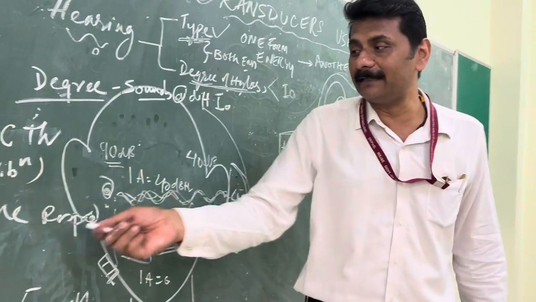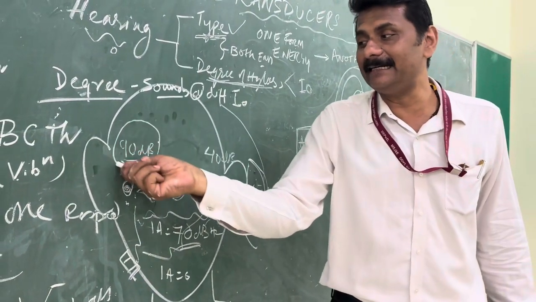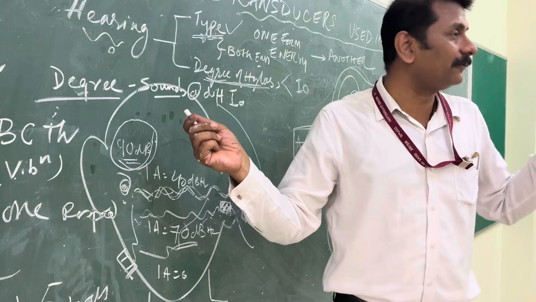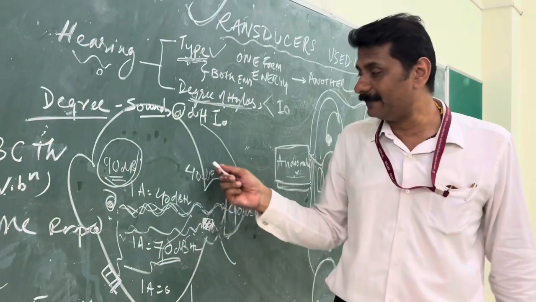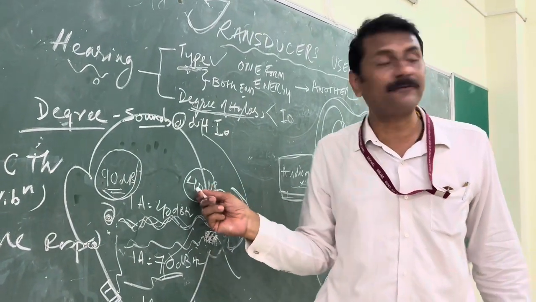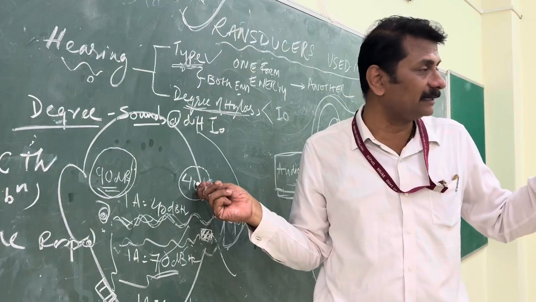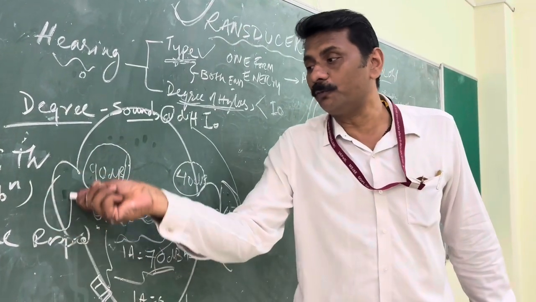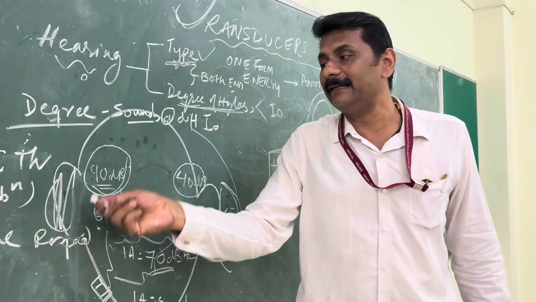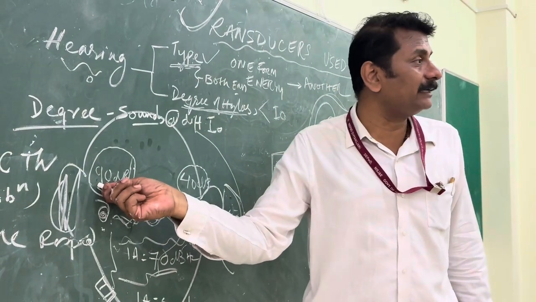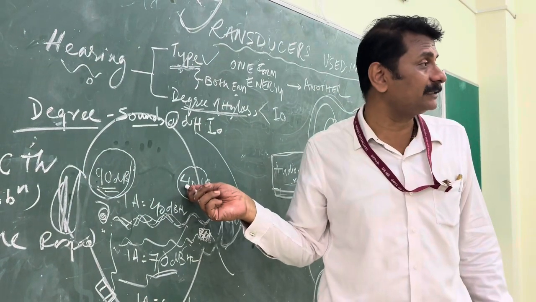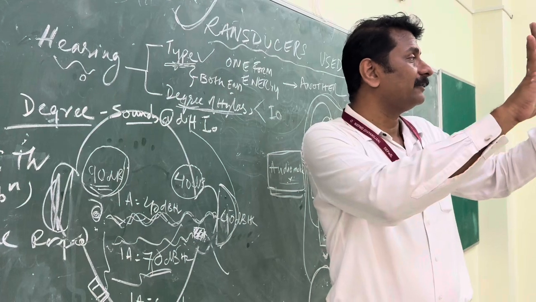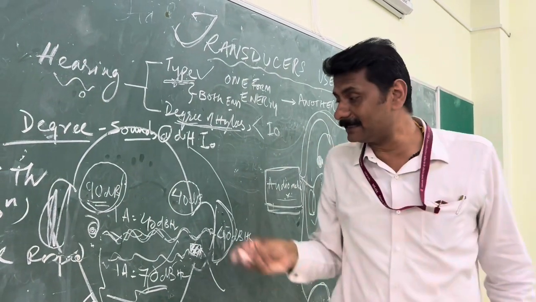So I gave an example that if this ear has 90 dB HL of hearing threshold at 1 kHz, and this has 40 dB HL of hearing threshold at 1 kHz. If I give a sound through the supraaural headphone, then how much of this 90 dB will actually reach the other ear? 90 minus 40, so 60 decibel is reaching here.